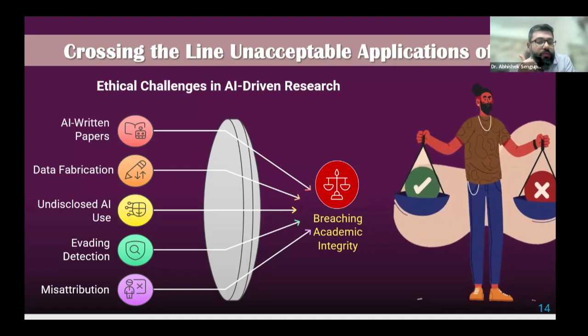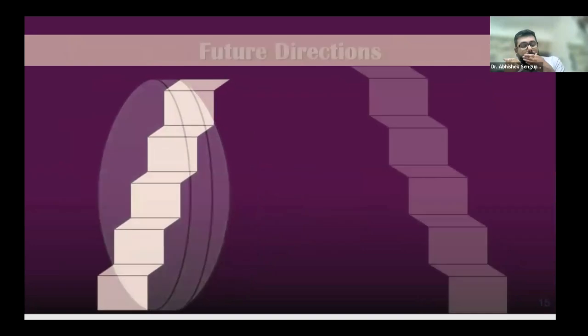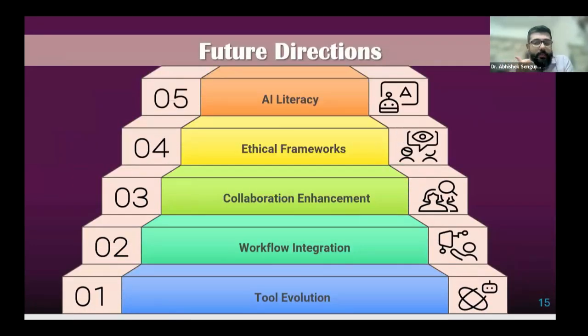AI's potential is immense when used responsibly, so you need to be responsible enough to use AI. Future directions means what is coming in future with AI in research writing: summarizing scientific papers, mapping citation networks, identifying research trends with unprecedented precision, etc.